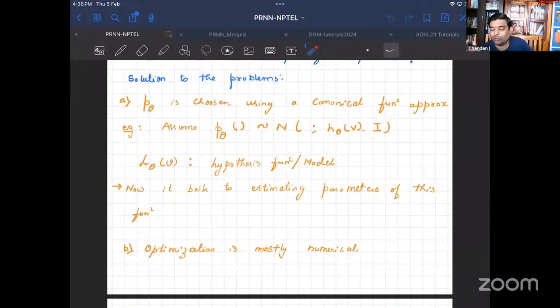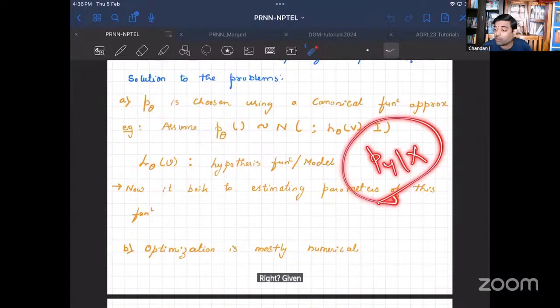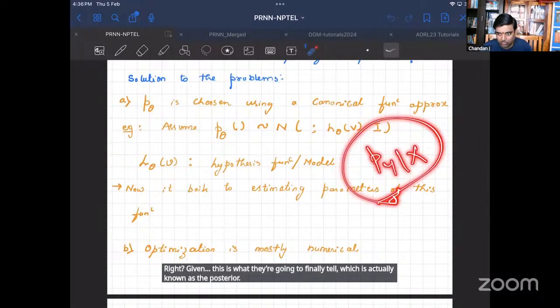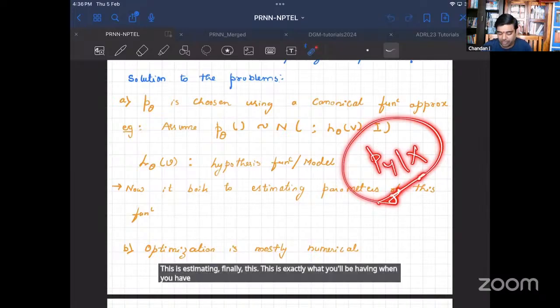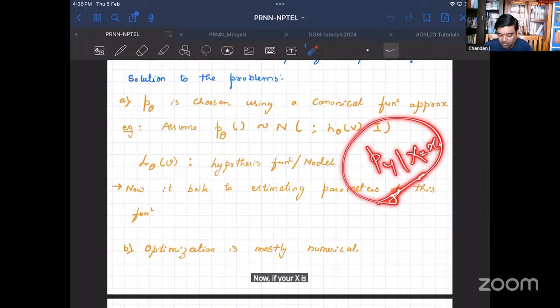See, for GPT, what they're trying to achieve is P of y given x. This is what they're going to finally tell, which is actually known as the posterior. This is exactly what you will have even for classification. If your x is an image, then what class does it belong to?